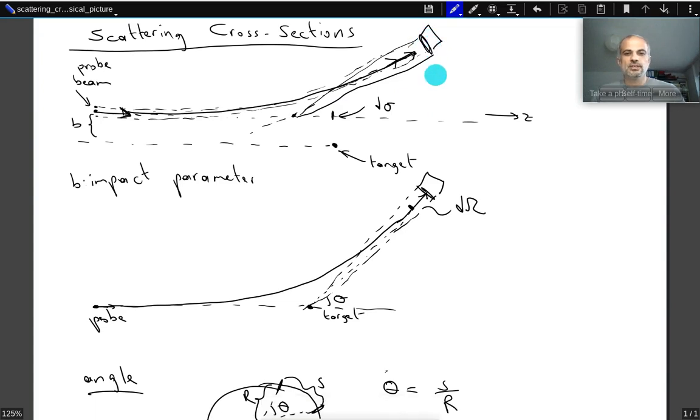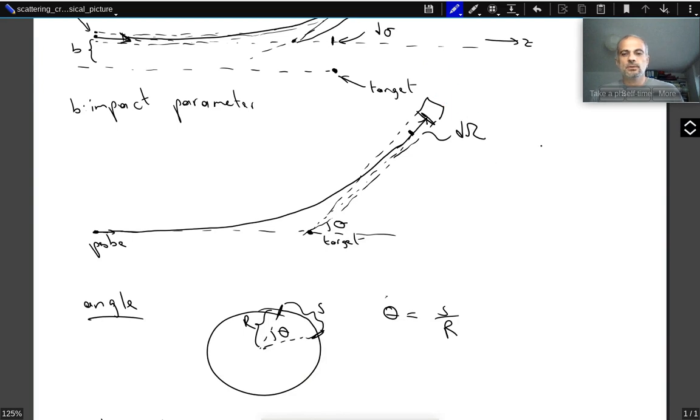What we are usually interested in is d sigma over d omega, the differential cross-section. This differential cross-section will contain the information about how our probe and the target interact with each other. It will contain the information about the dynamics of this scattering process.